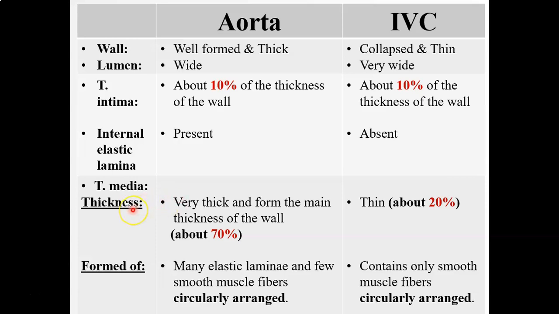Thickness very thick in the aorta, representing 70%, formed of many elastic laminae and few smooth muscle, circularly arranged. So don't forget that the media of the aorta is formed mainly of elastic laminae. While in inferior vena cava, we have only smooth muscle fibers, which are circularly arranged.